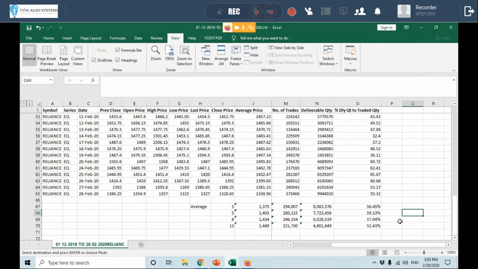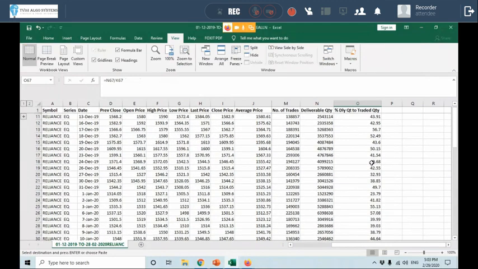And look at this delivery percentage: 52, 57, 59 means someone was really selling very hard and there is delivery based selling. Yesterday the delivery based selling was lower, but still at 56%.